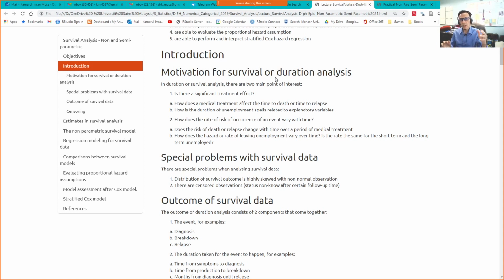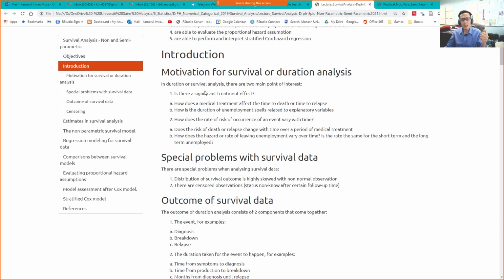In my opinion, duration analysis is maybe a better term than survival analysis, because if you use survival analysis, sometimes people will think it's about survival, death and alive situation, which is not actually. It is a study on duration until an event occurs. So maybe duration analysis is more appropriate.